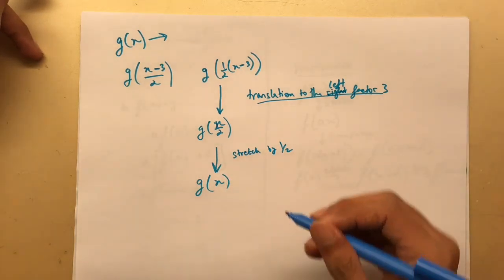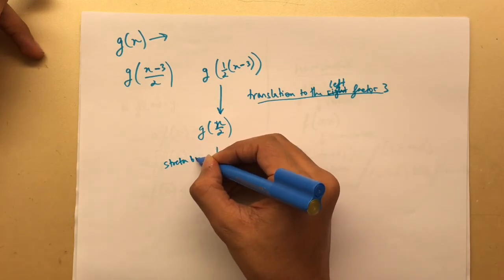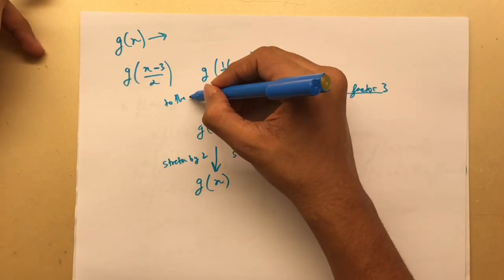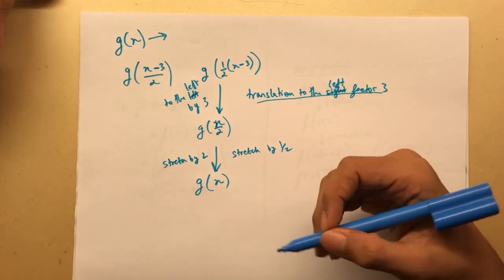So I would get g of x. And now just go backwards. So this is a stretch by 2, and a translation to the left by 3. And it's that simple. So just backtrack and you will get the right answer.